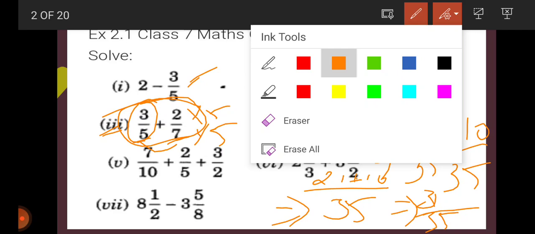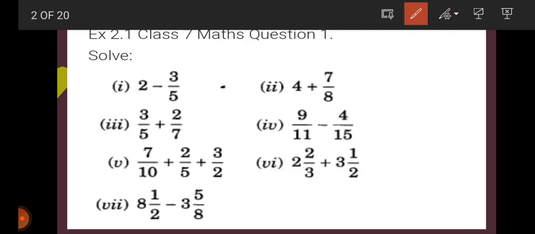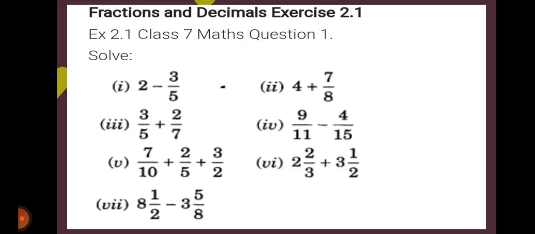Okay, so all the questions are the same. You can do the fourth part the same way. First you take the LCM, then convert to like fractions, and then you subtract. And here there are 3 fractions. How can we add 3 fractions?